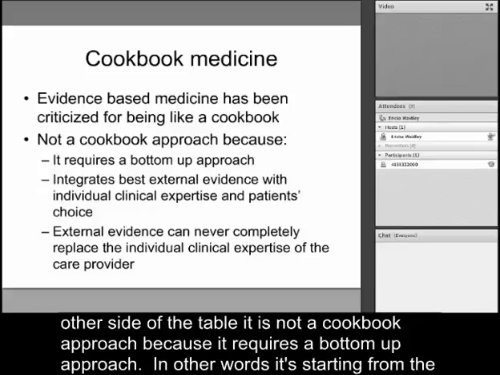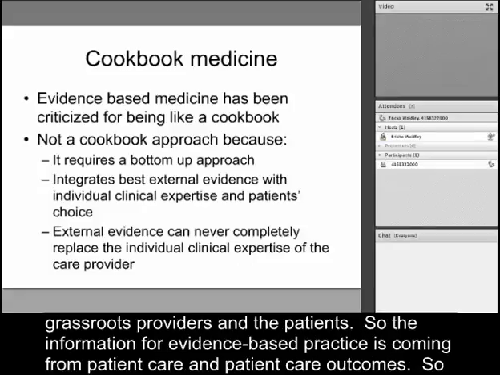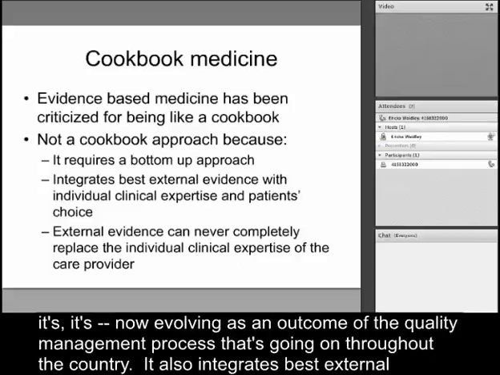But on the other side of the table, it's not a cookbook approach because it requires a bottom-up approach. In other words, it's starting from the grassroots providers and the patients. So the information for evidence-based practice is coming from patient care and patient care outcomes. So it's now evolving as an outcome of the quality management process that's going on throughout the country.